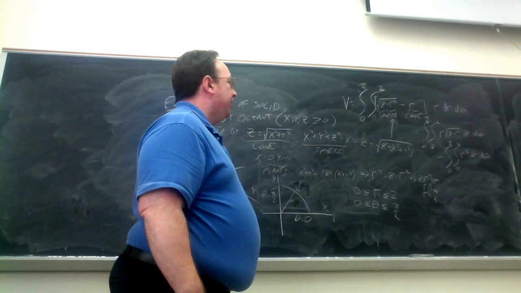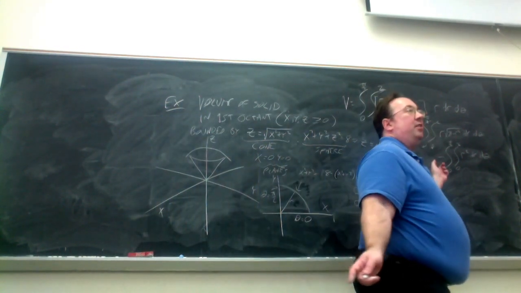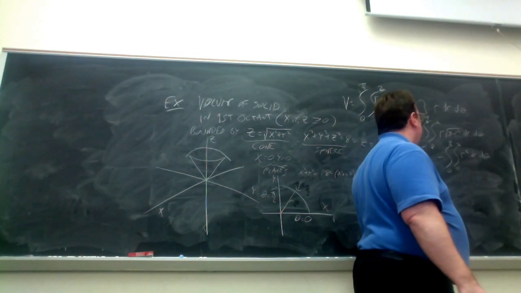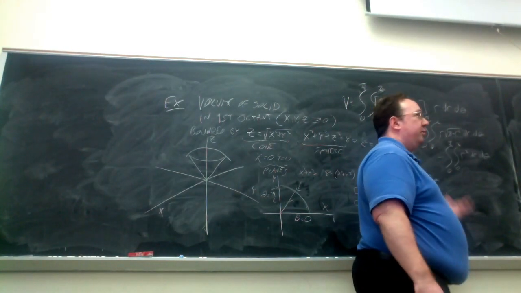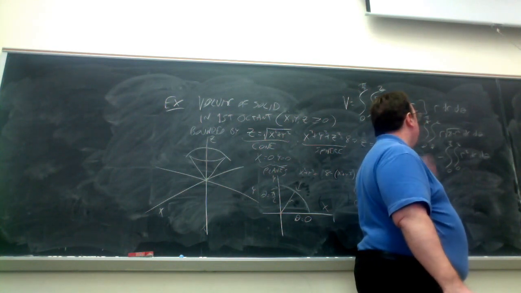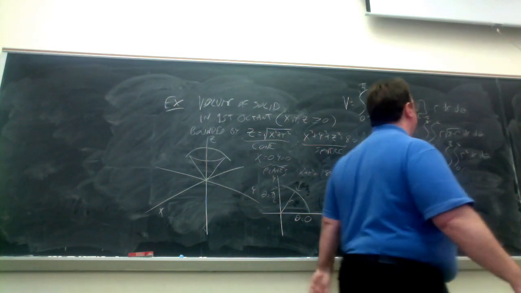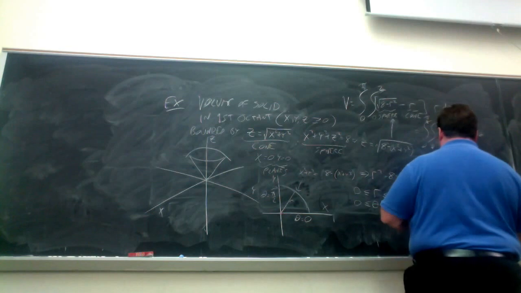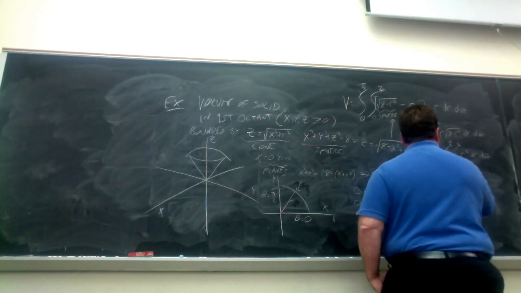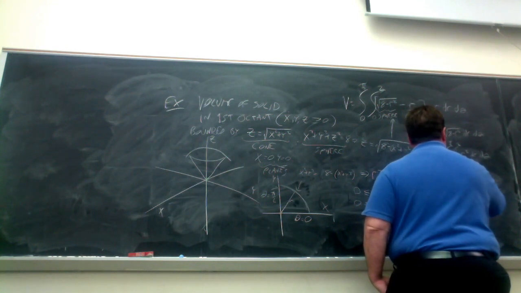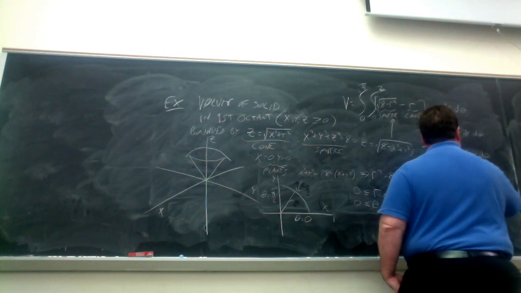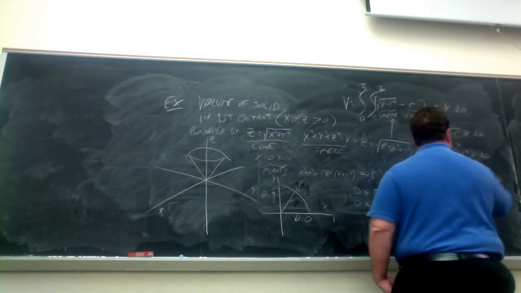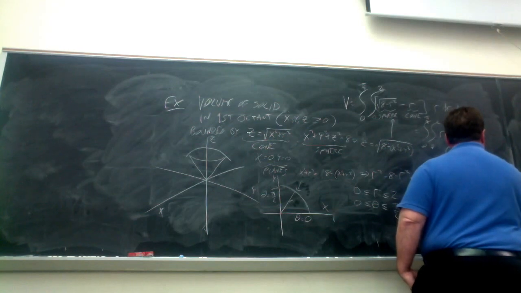Okay, now, one nice thing is there's no theta in here at all. So you can think of this as the integral of this with respect to r from 0 to 2 times the integral of 1 from 0 to pi over 2 d theta. Since there's no theta in the integrand at all, you can write this as just the integral from 0 to 2 of everything you have in r, times the integral of 1 from 0 to pi over 2 d theta.